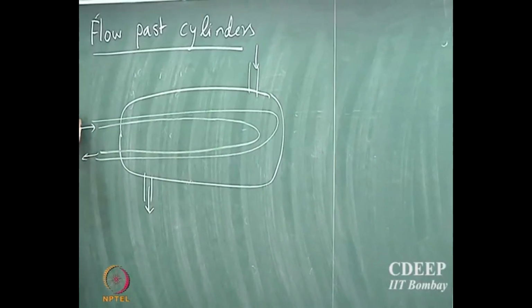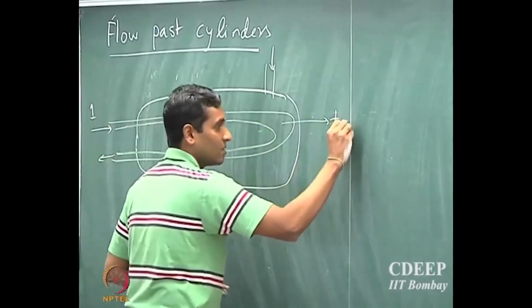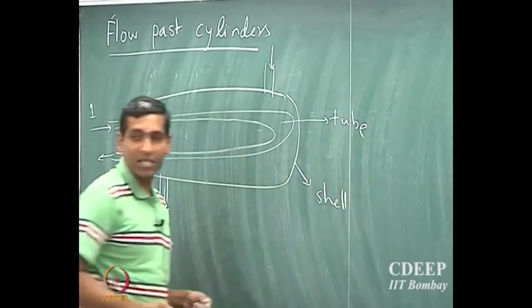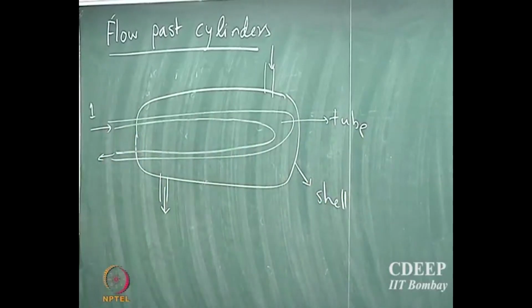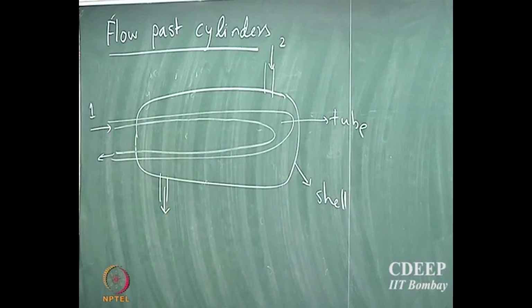Fluid 1 is actually going through the tube, so that's the tube, and this is called the shell. That's why it's called shell and tube heat exchanger. So you see a tube, one of the fluid is flowing through the tube, and there's another fluid which is flowing through the shell side, okay.